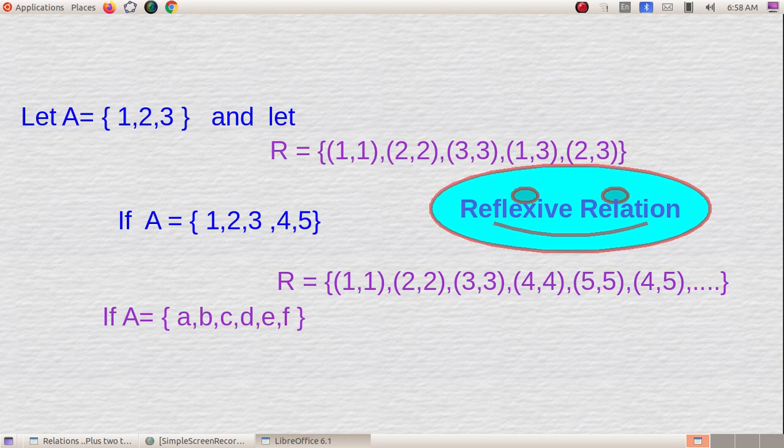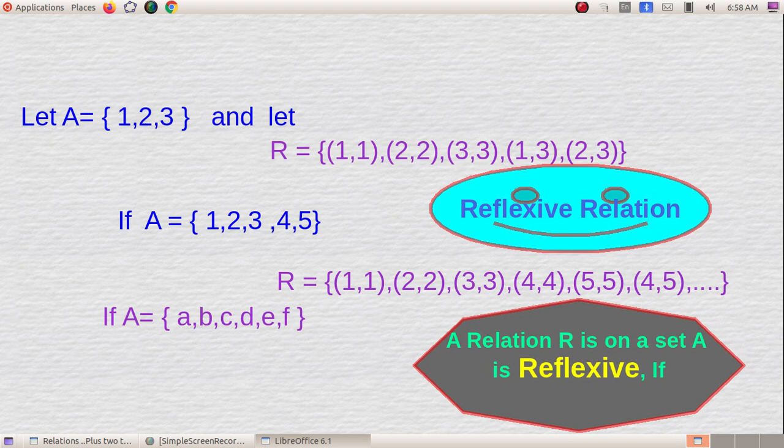Then only that relation is reflexive. Clear? Then let us write the formal definition of a reflexive relation. A relation R on a set A is reflexive if, for small a belonging to A, the ordered pair (a,a) must be in R. When we say that a relation is reflexive, (a,a) belongs to R for all a belonging to A. This is the formal definition.